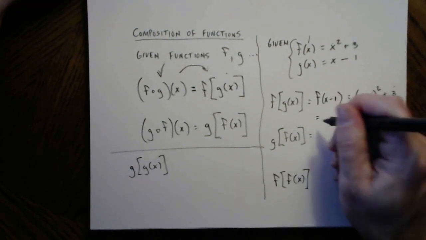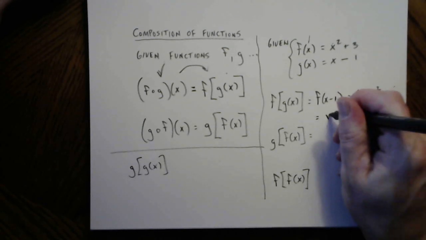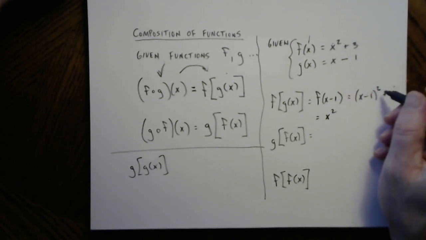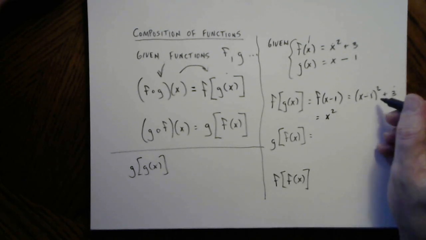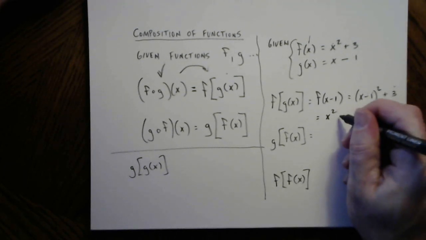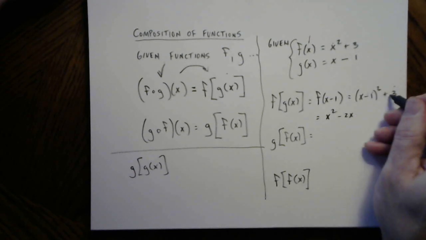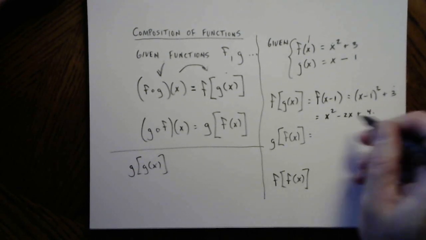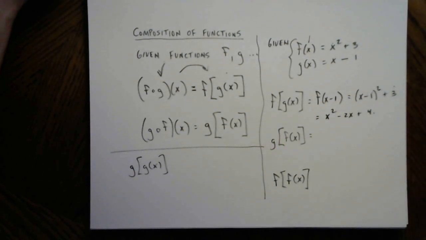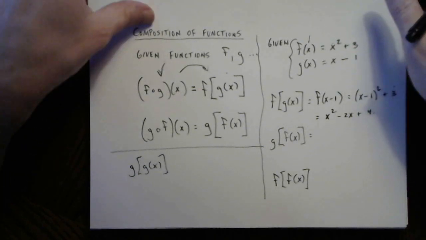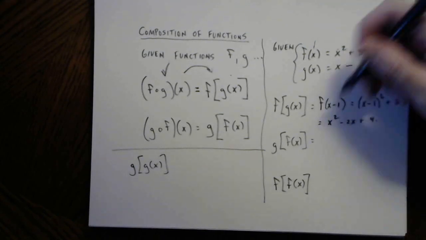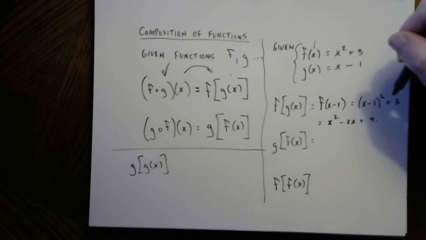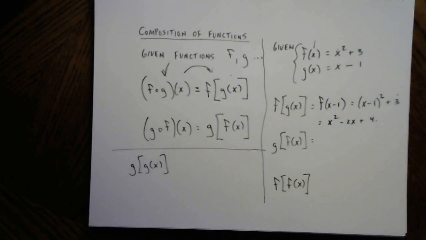You might want to set it to 0 and solve, in which case it'd be better if it was FOILed out. This is a FOIL, and I'll add that 3 in as I go. So x squared minus 2x plus 1 plus 3. So it might be more useful in that form depending on what you're doing. What's considered simplified often depends on the goal. So if this was on an exam, either one is fine, as long as you get there, you're good.